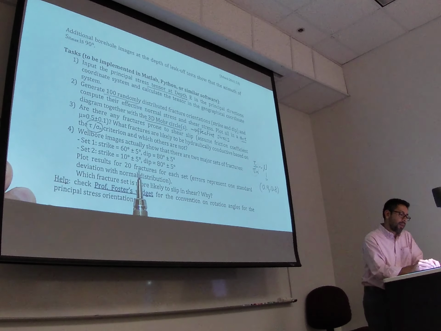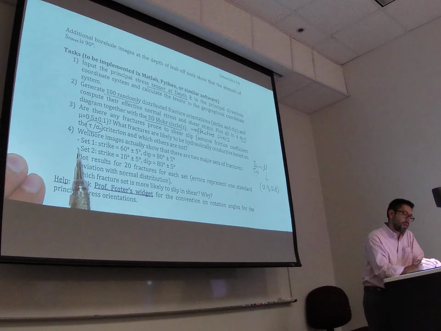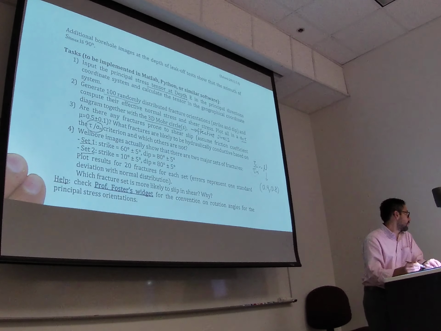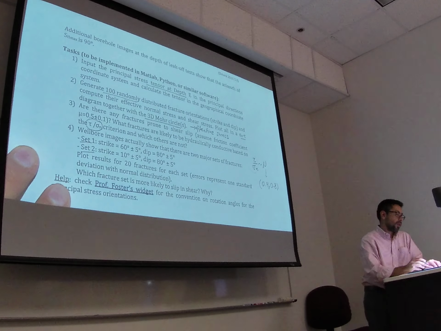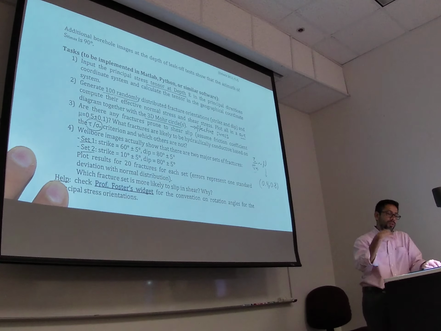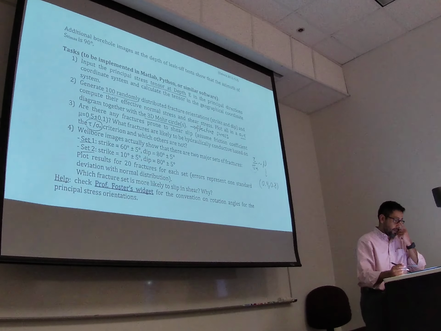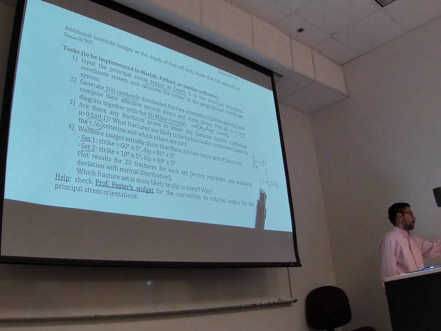And after that, I'm going to ask you to do this not for a randomly generated set of fractures, but for two sets of fractures which are at a particular orientation, and do that exercise again. Let me show you how the result is going to be, more or less. It's not going to be exactly the same, but you should get something similar.